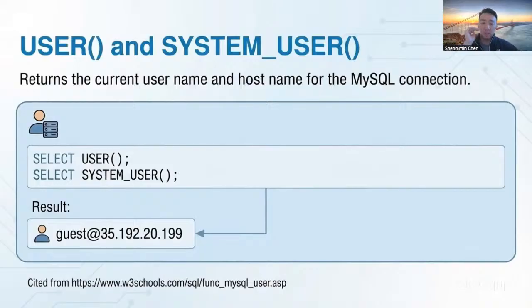And it can be as specific as even selecting a single column. A relational database has the ability to restrict access to a single cell. Okay, so these two, select user and select system user, give you an outlook on who you are currently logged in as, and what system user is, what role and what IP address you are logging on as. Okay, so this is a side note.